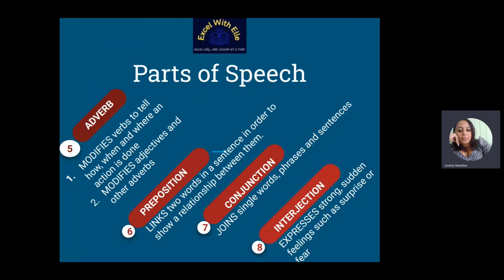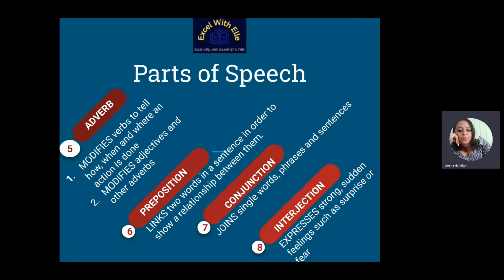It modifies the verb. To do what? To tell how an action is done, when an action is done, where an action is done. Now, an adverb doesn't only function to give more information about verbs. Adverbs, they also modify adjectives, and they function as well to modify other adverbs.